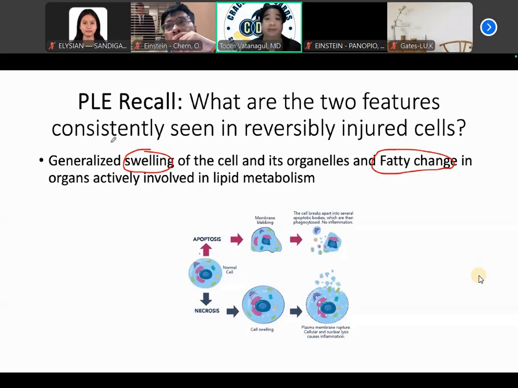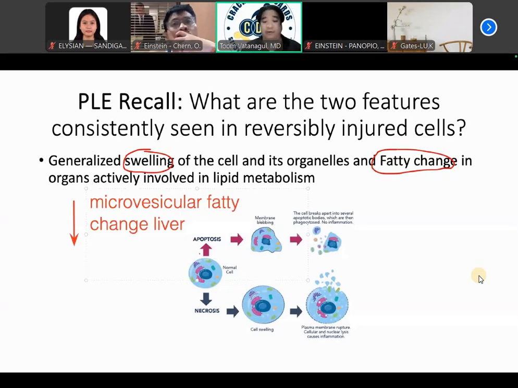Okay, now, for those who want to top the exam, what is the disease that presents with a microvesicular fatty change of the liver after a child with a viral infection takes aspirin?